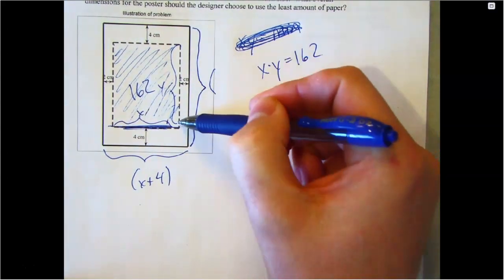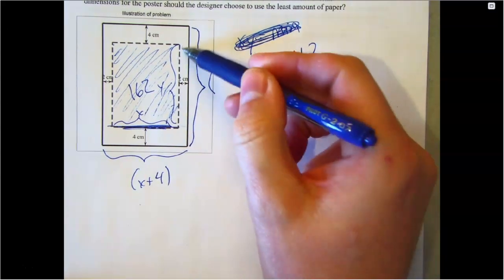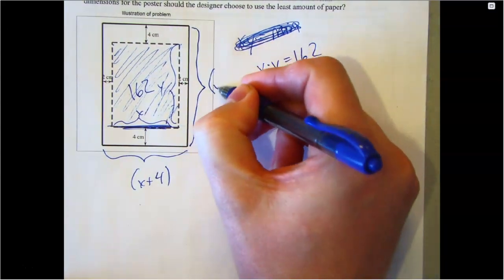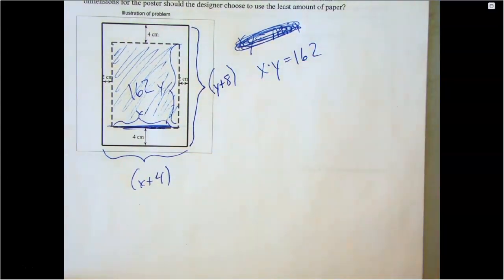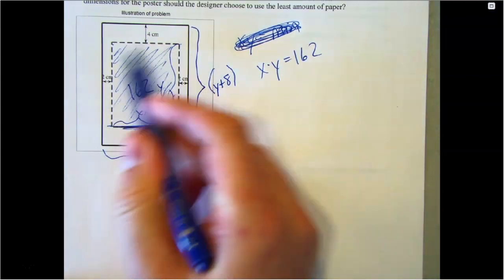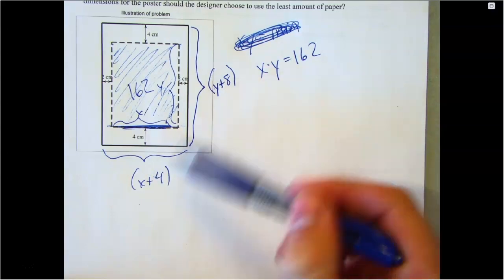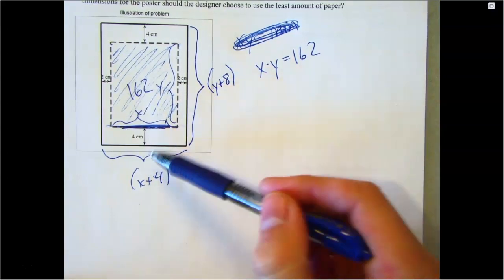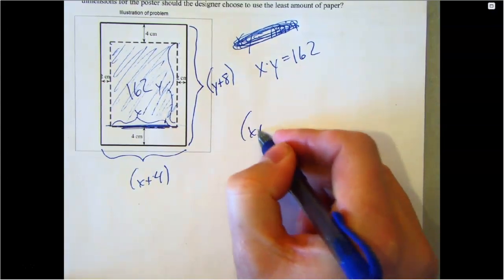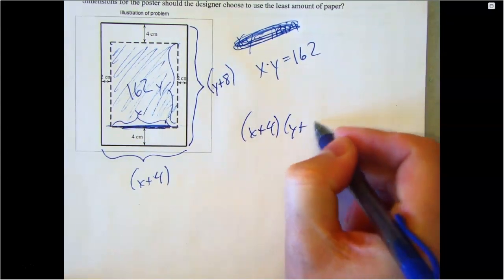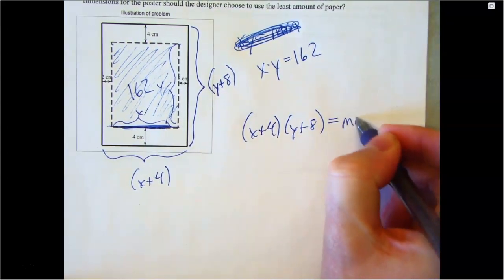Y plus 8. Because you got the y here, and then 4 here, and 4 here. And that area is what I want to minimize. So the area is just multiplying those two things together: x plus 4 times y plus 8 is what I'm trying to minimize.